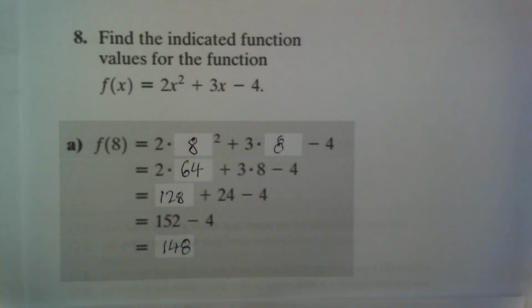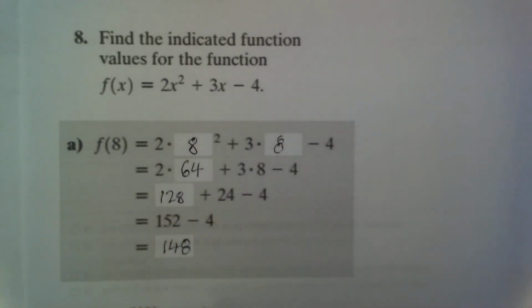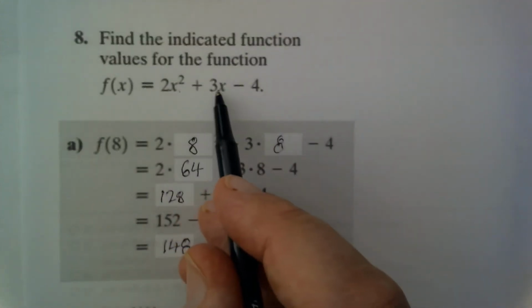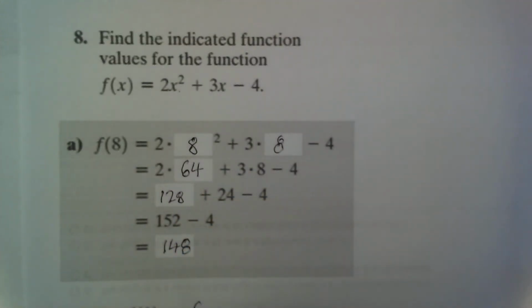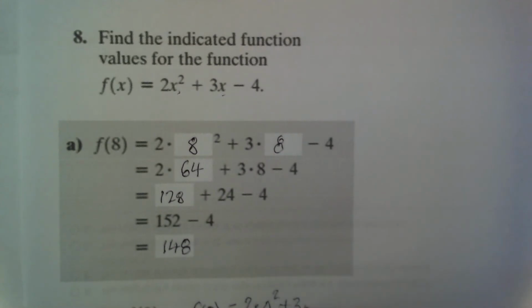Okay, so that's a pattern that we want to follow for the other values of this function. For example, when x equals 0. That's usually an easy one. So since this is our given function, replacing every x with a 0 means f of 0 means 2 times 0 squared, plus 3 times 0, minus 4.